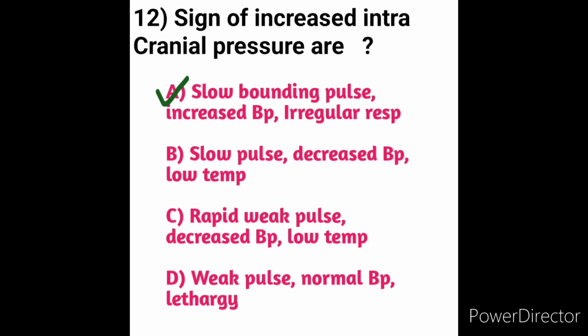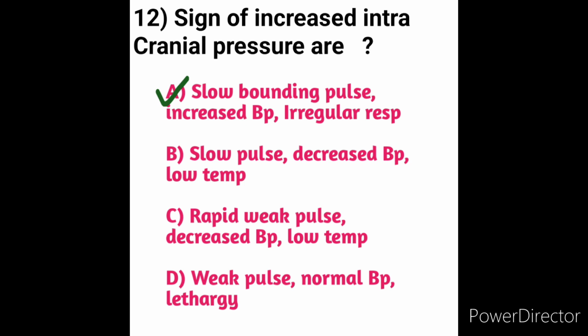The most common symptoms of increased intracranial pressure are headache, blurred vision, and altered level of consciousness. The normal intracranial pressure is 5 to 15 mmHg. So for signs of increased intracranial pressure, option A is the correct answer: slow bounding pulse, increased blood pressure, irregular respiration.